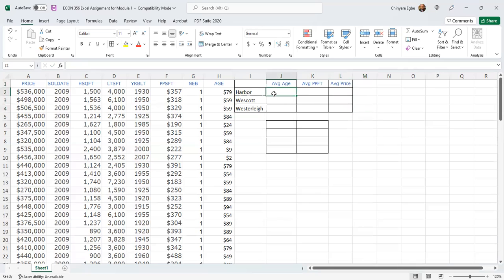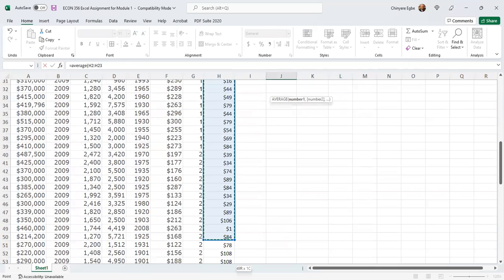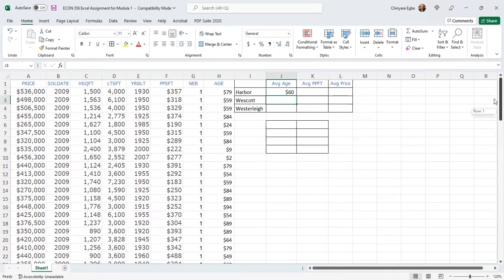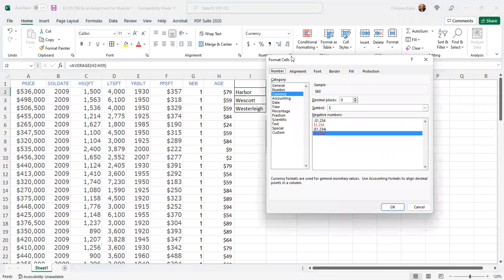So this is equal average for neighborhood 1, average age, and so you go down. Okay, so this is average age. This is a regular number. This is not about dollars.